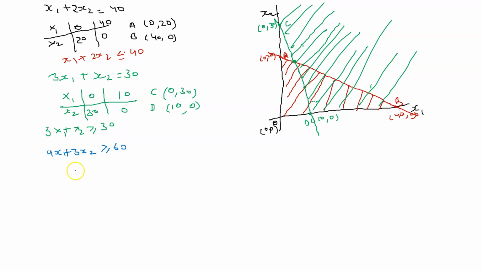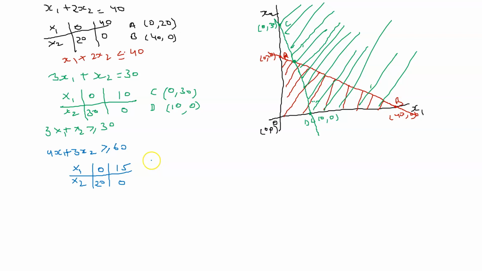Let's find the 2 points so that we may plot this line. Let's take x1 equal to 0. When x1 is equal to 0, x2 is equal to 20. When x2 is equal to 0, x1 is equal to 15. Let's plot these 2 points.